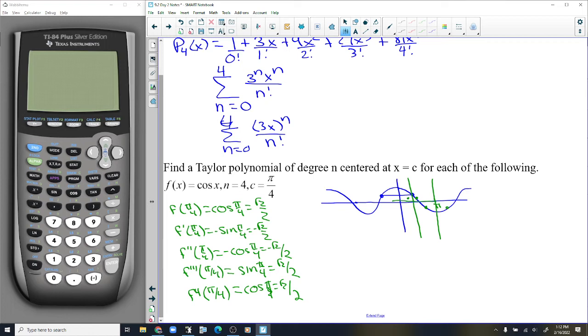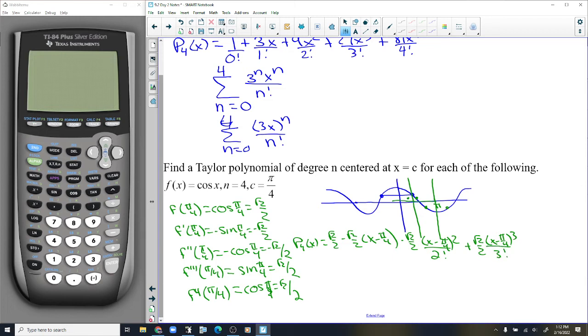That's not alternating. So P sub 4 of x is square root of 2 over 2 minus square root of 2 over 2 times (x minus pi over 4), minus square root of 2 over 2 times (x minus pi over 4) squared over 2 factorial, plus square root of 2 over 2 times (x minus pi over 4) to the third over 3 factorial.